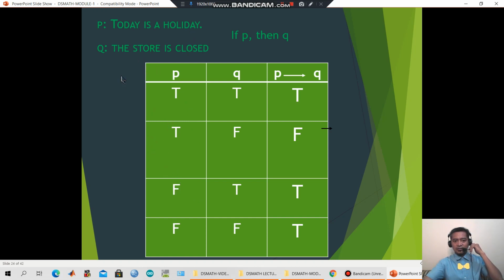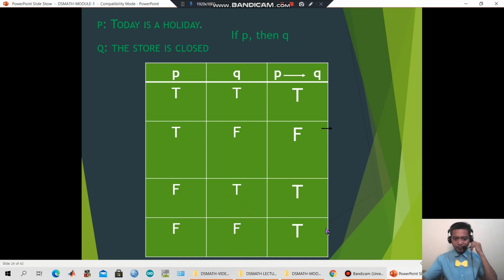And then the store is closed. Okay, so ito yung medyo nakakalito dito. Kasi sabi niya, today is not holiday, pero biglang close ka. Dito is not holiday, then hindi naman siya close. Pero dito, hindi naman holiday, pero open siya dito. Kasi not close. No? So, ang value niya ay true.